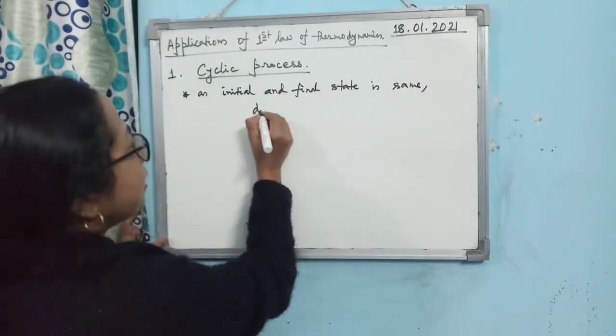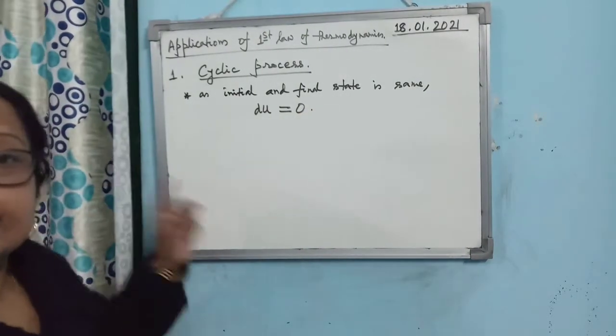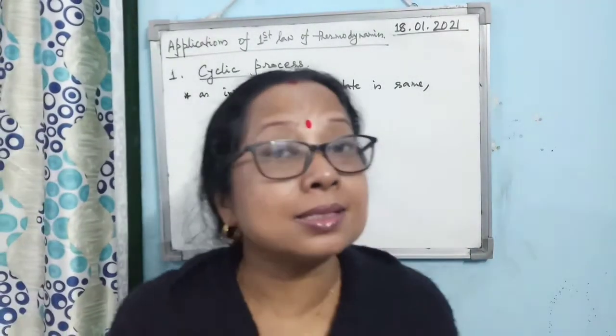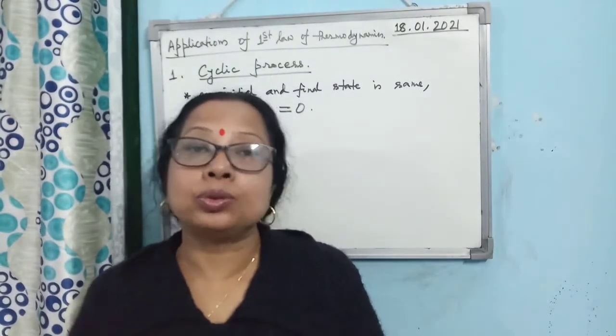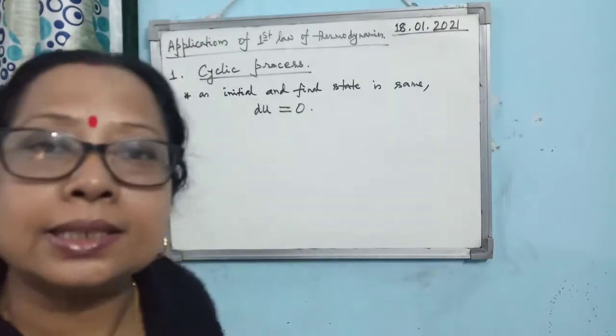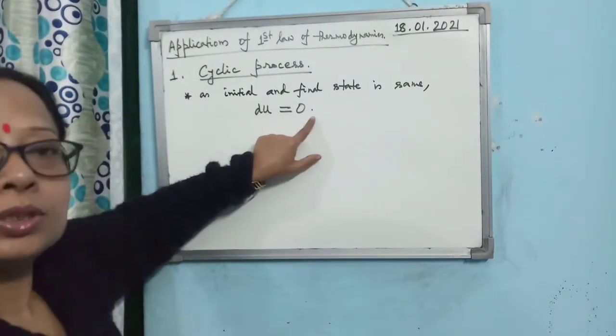What will happen to the change in internal energy? Zero. Because internal energy depends on the state of the system. You are taking the system to the same state, so no change in the state. That's why internal energy dU is equal to 0.